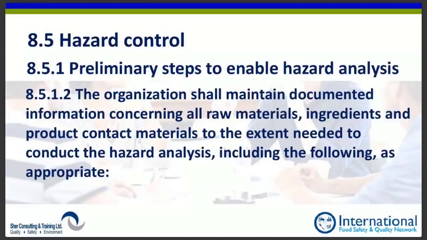The organization will maintain documented information. What I want to make a point of here is that when we talk about the information needed to do risk assessment, when we talk about raw materials, the new standard mentions 2 things that had not been mentioned before. One of them is the country of origin of the raw material used. So it is part of the risk assessment, and that may have an effect on decisions made by the team.